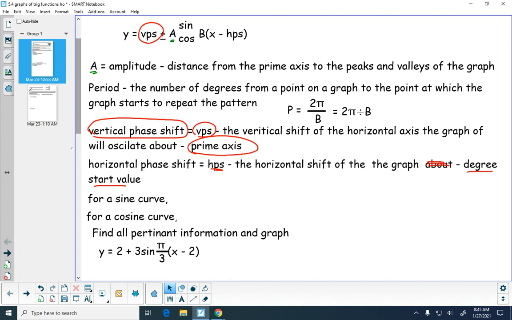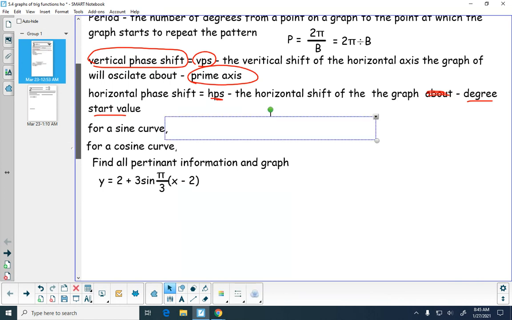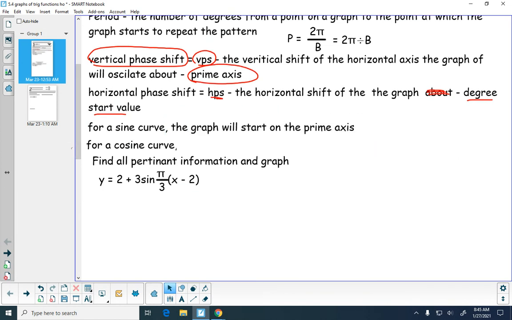And everything we're going to be dealing with here is in radians. We will not be dealing with anything in degrees here. For a sine curve, remember, we started on the prime axis. The graph started on its prime axis for a sine curve.